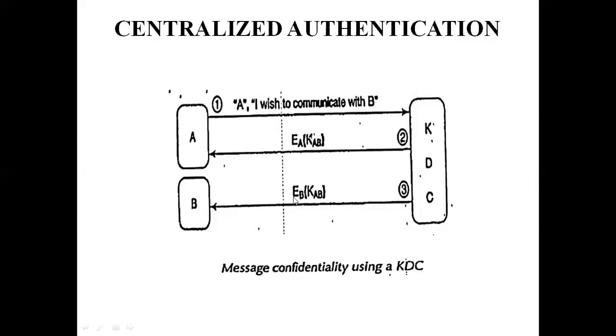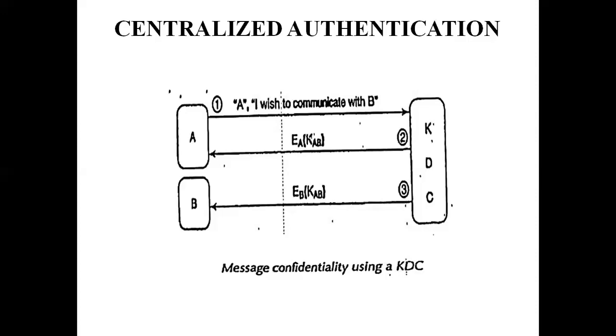Message 2 is encrypted using the long-term secret key KA that A shares with the KDC. Message 3 is encrypted with KB, the secret shared between B and the KDC. A and B then exchange the subsequent messages during this session using KAB.